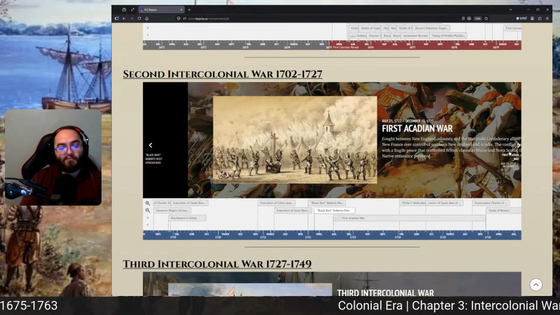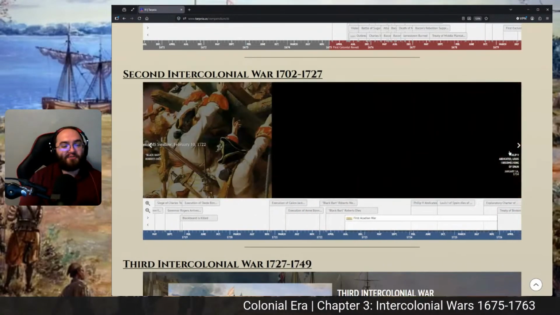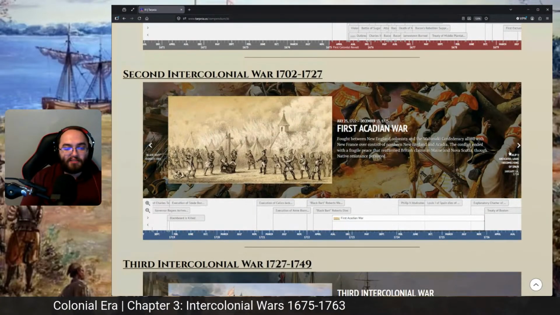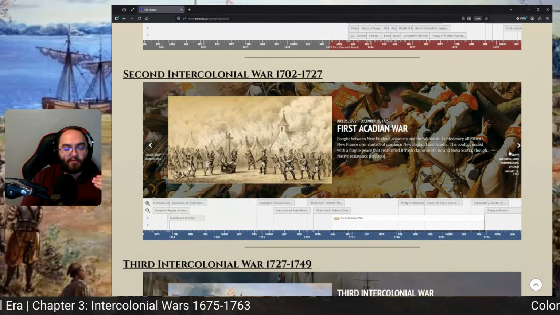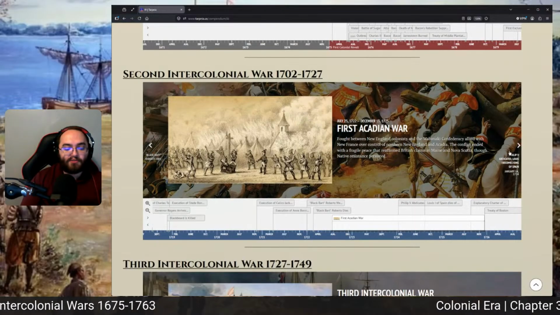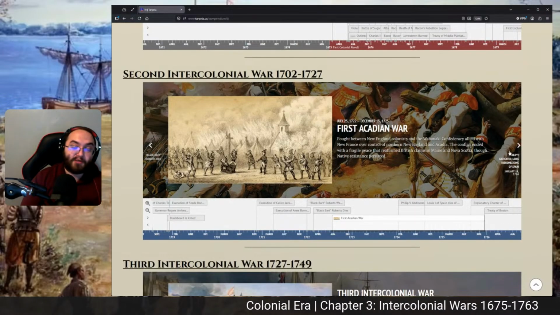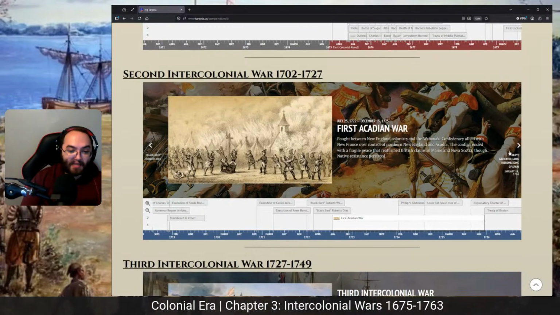And of course, right after he dies, we have the start of the First Acadian War. And so this is fought mostly between the English colonists in New England and the former, or I guess current, French native allies.